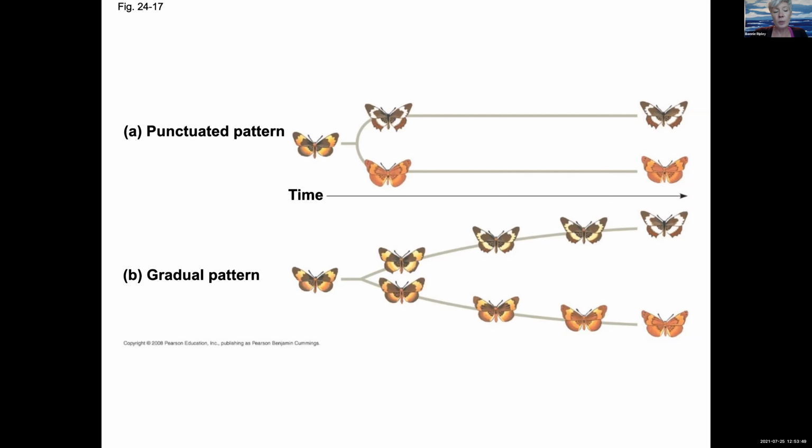So if we want to say, wow, a new species arose, then we have some punctuation at the end of that wow, we have an exclamation point. So the punctuated pattern is a way of saying we got big differences between our species rapidly. The gradual pattern is saying that our two new species started out fairly similar to one another, but as time passed, they slowly got more and more different.